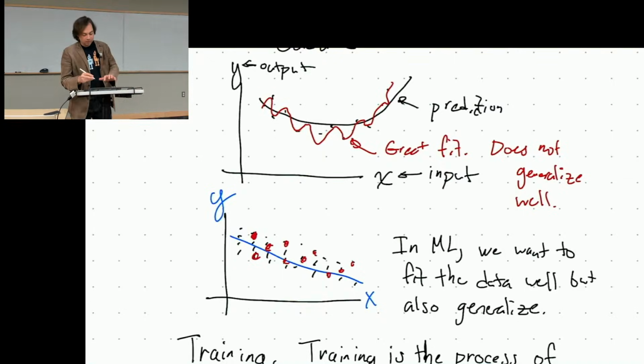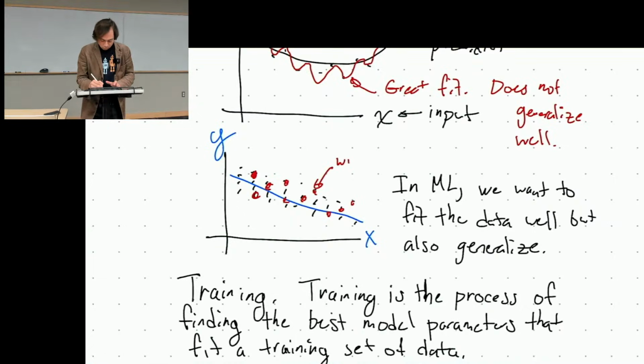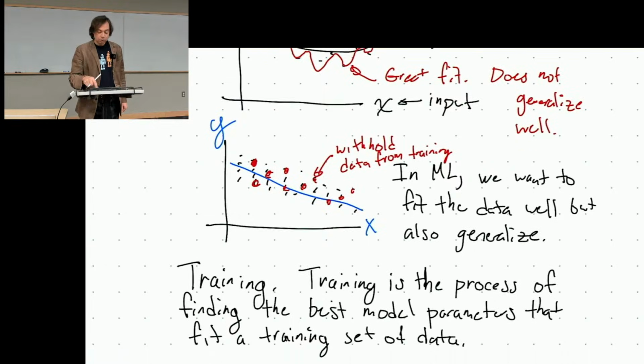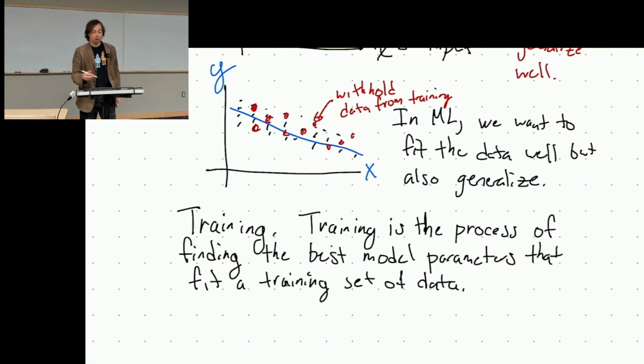So you can withhold data from training. Why might that be useful? Well, you can train on all of this other data, but then, once you have trained your model, you test your model against the data you didn't train it on.